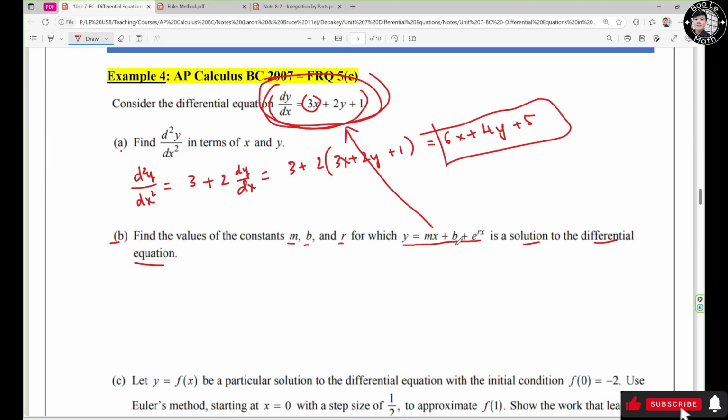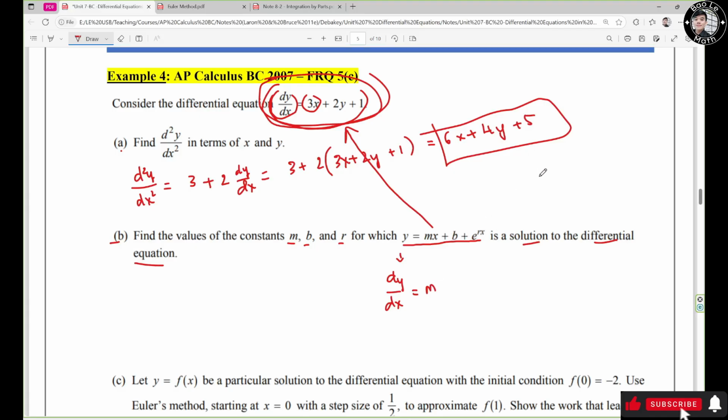You're going to check the derivative of this one first because we have dy over ds right here. So dy over ds equals, take the derivative of this one with respect to s, so it will be m. Derivative of b equals 0.